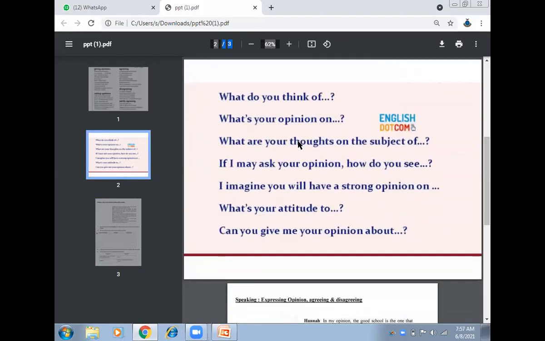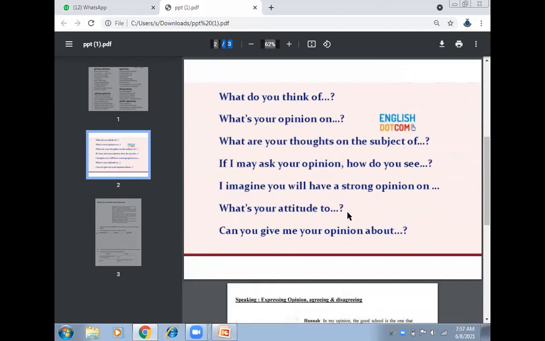This one. Yes, these are questions. I have given examples also here. What do you think of? These are questions to ask when you want to know the opinion of any person. Like, what do you think of? What's your opinion on? What are your thoughts on the subject of? If I might ask your opinion, how do you see this? Or how do you see education? I imagine you will have a strong opinion on this.